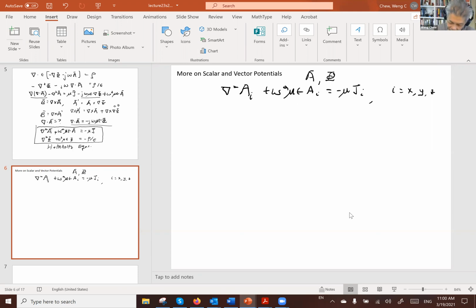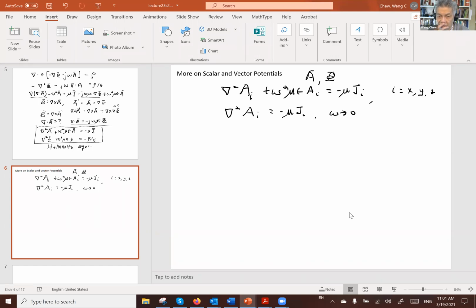Okay, we have a similar issue with solving Poisson's equation. So if omega goes to 0, then I would just have this being the case.